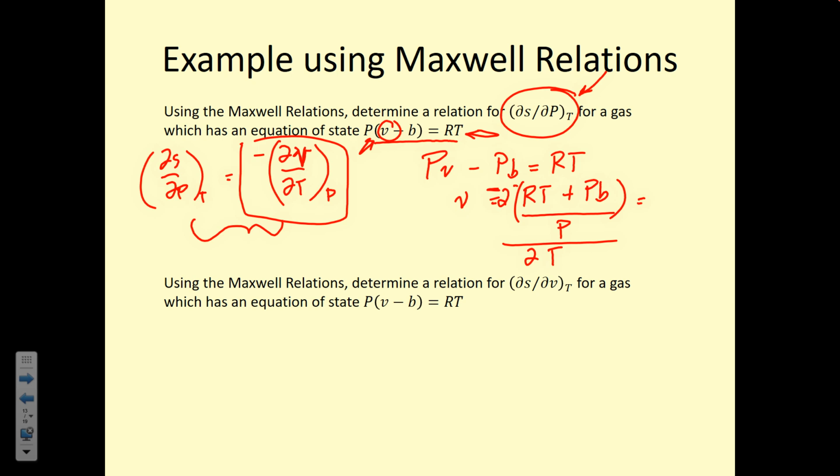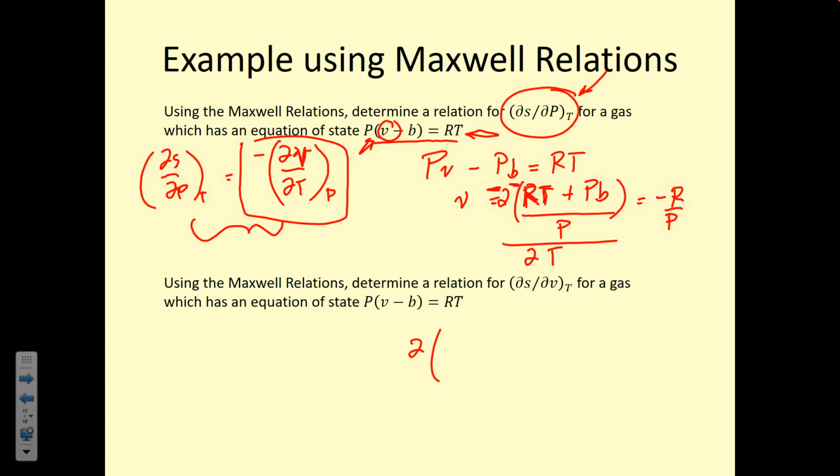Okay, so what is the derivative of negative RT over P with respect to temperature? Negative R over P. Do you see that?